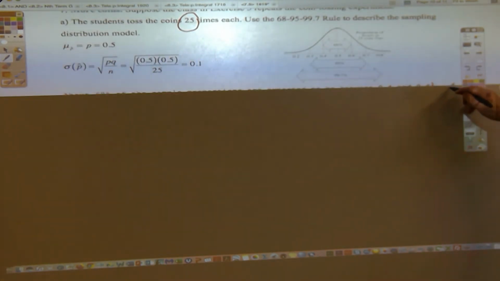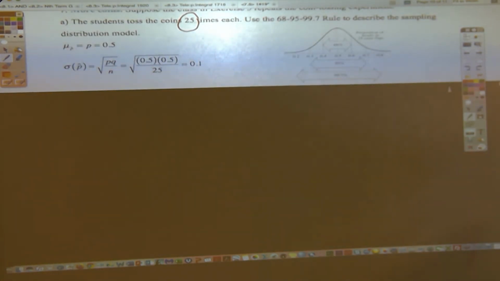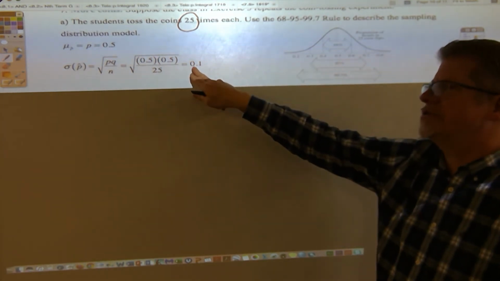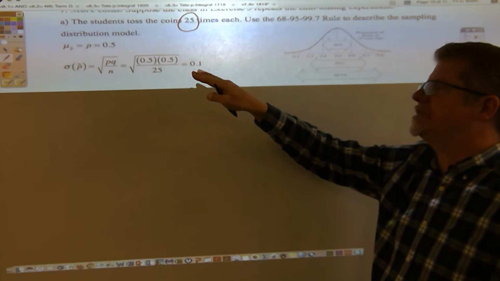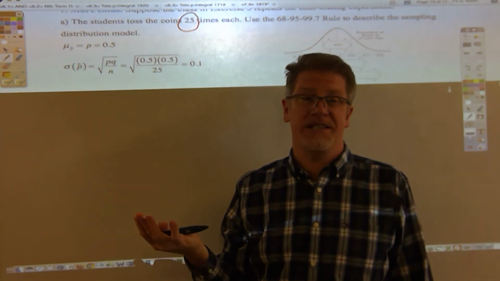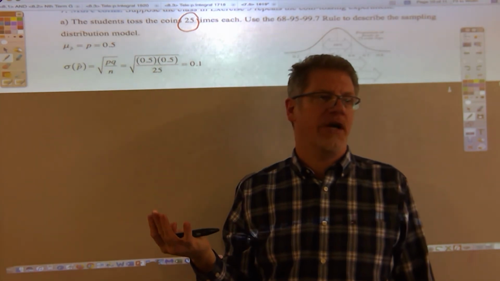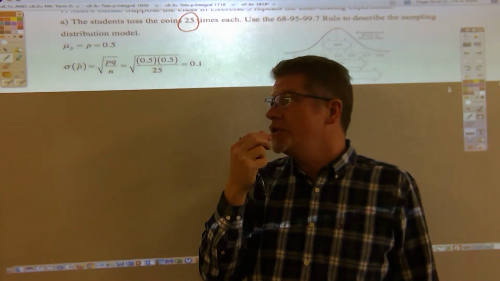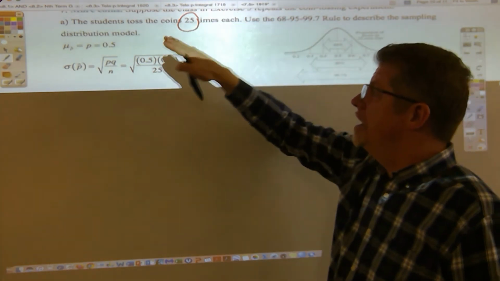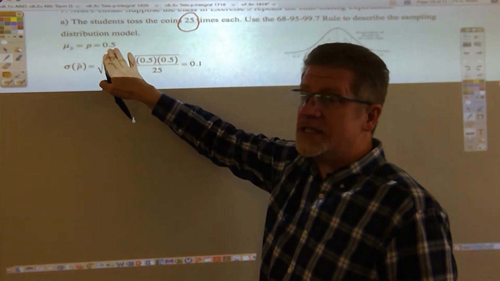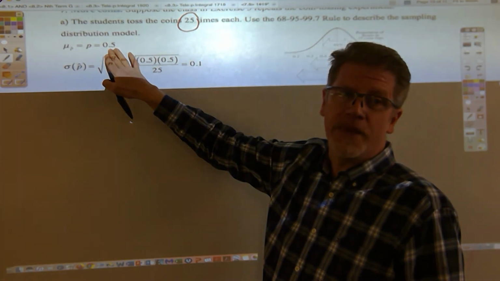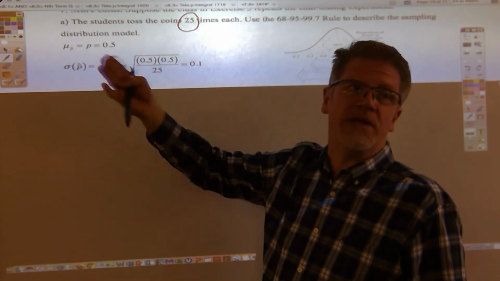So notice that affects the standard deviation. I mean, if you're tossing a coin just 2 times, then you could get 100% heads. That wouldn't be too surprising. But if you're going to toss a coin 25 times and you get 100% heads, a p-hat that's way above 50%, it's like averages do not get spread out.